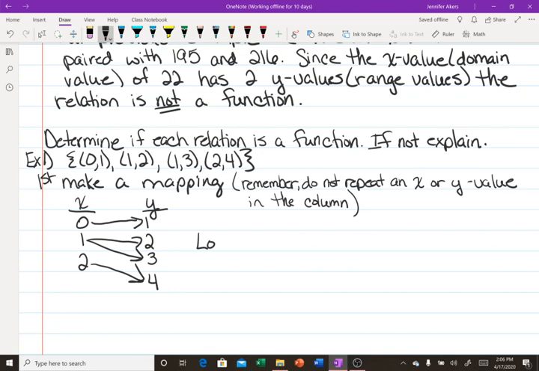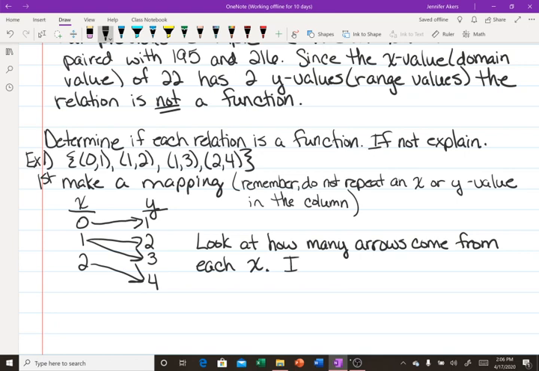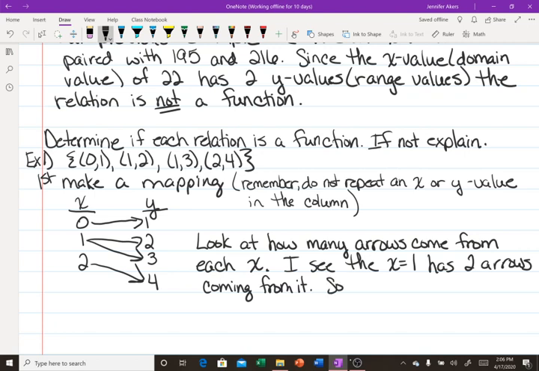Now I look at how many arrows come from each x. I see the x equaling 1 has 2 arrows coming from it. So this is not a function.